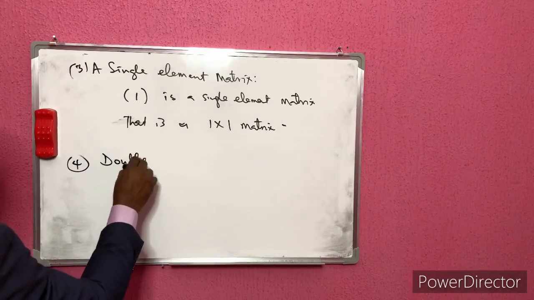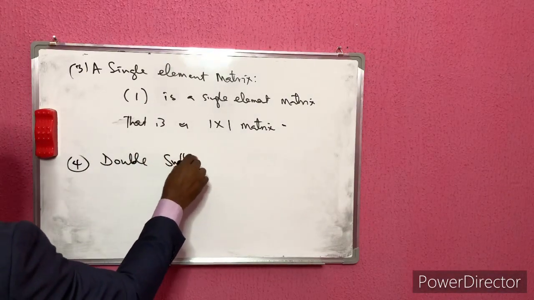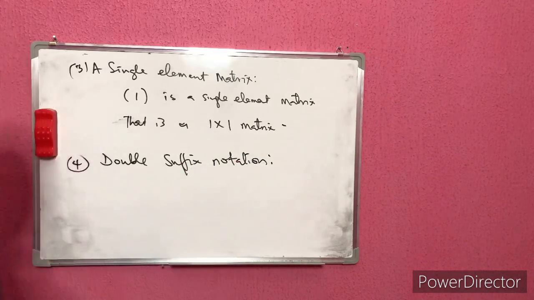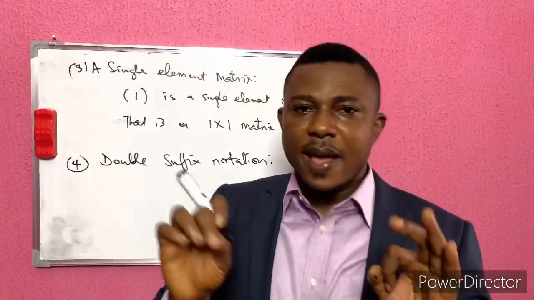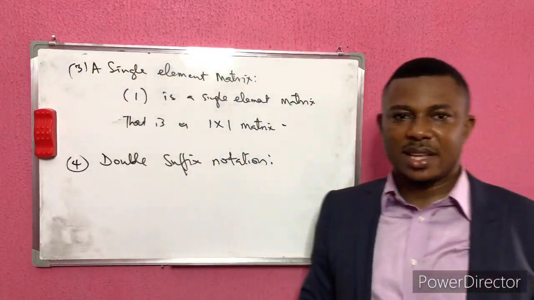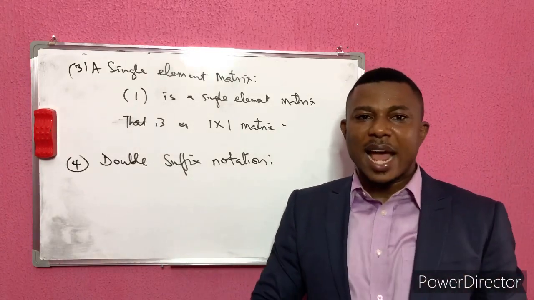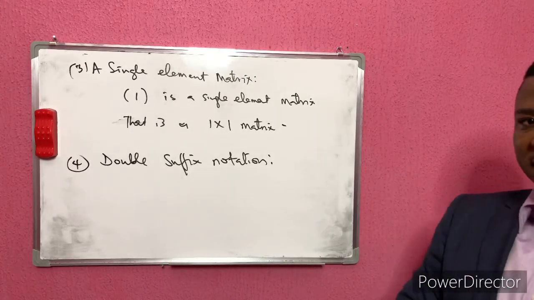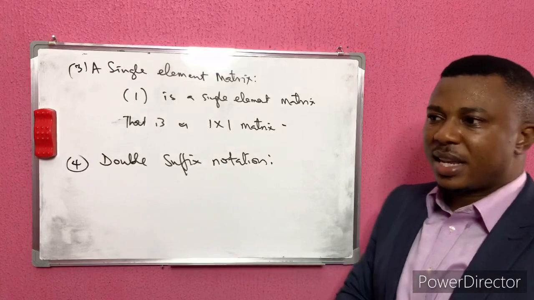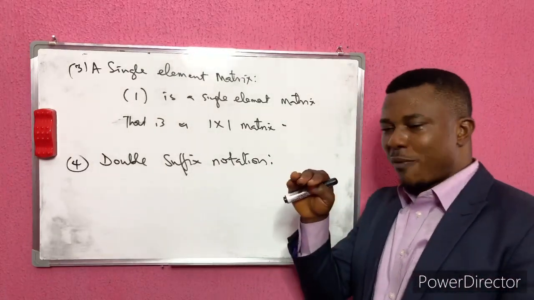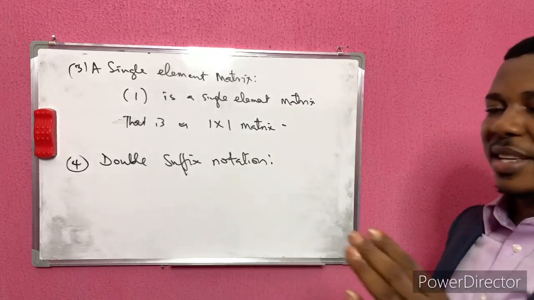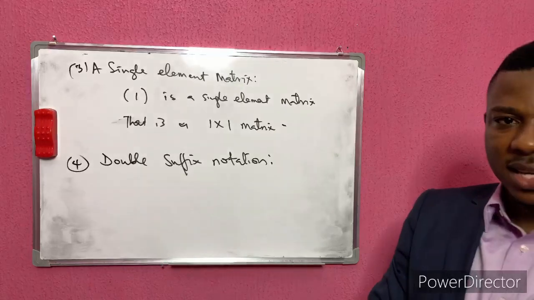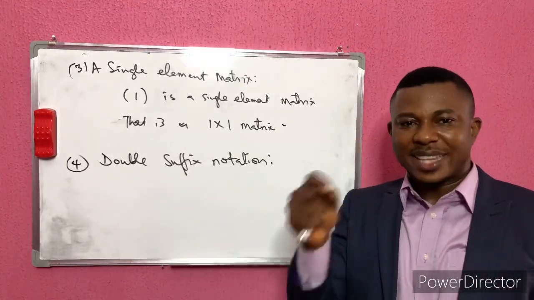Double suffix notation. You see, every element in a matrix has a particular location or address in that matrix. And the location or the address of an element in the matrix is defined by the double suffix attached to the element.